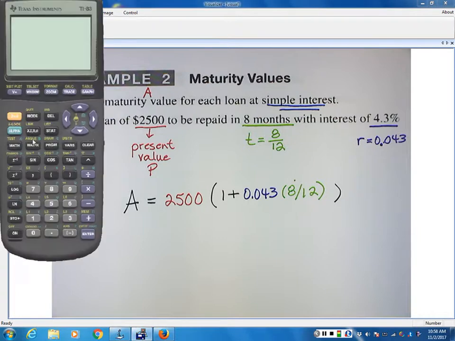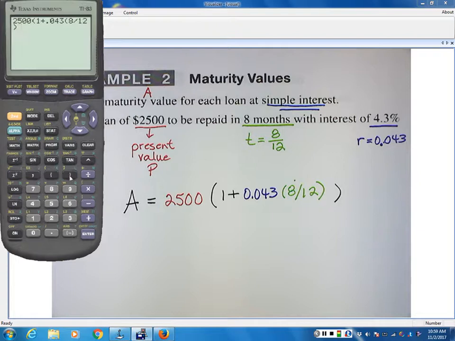So we'll get the calculator. And enter $2,500 times 1 plus 0.043 times the time, which is 8 divided by 12. Always put your time, if it's in months or in days or something like that, in parentheses.